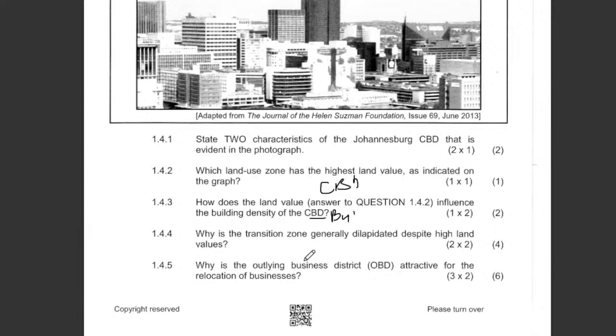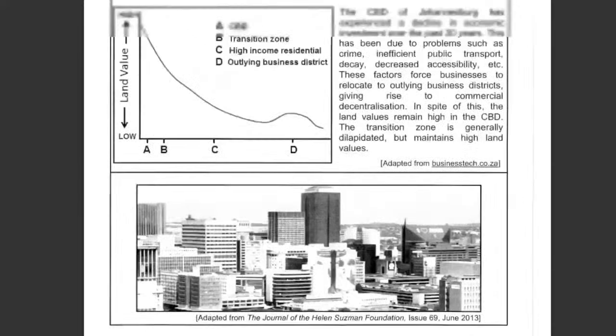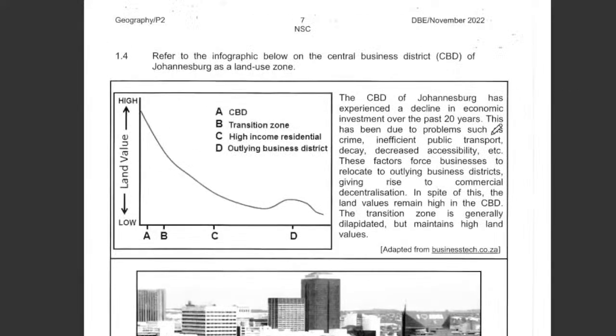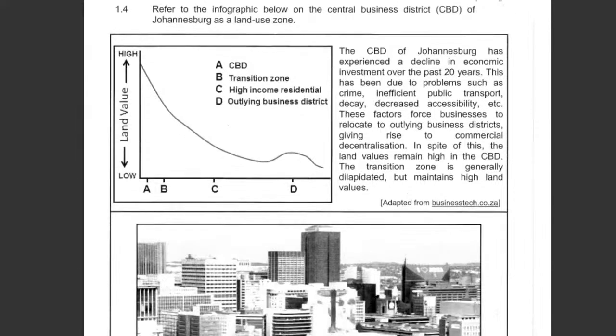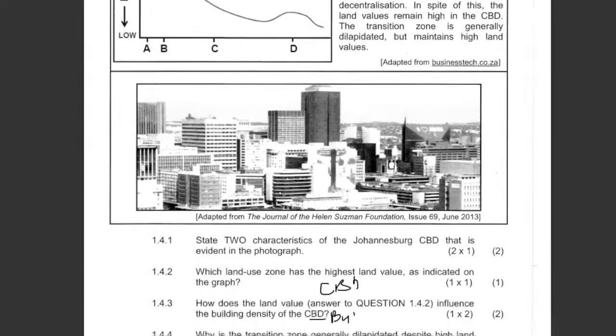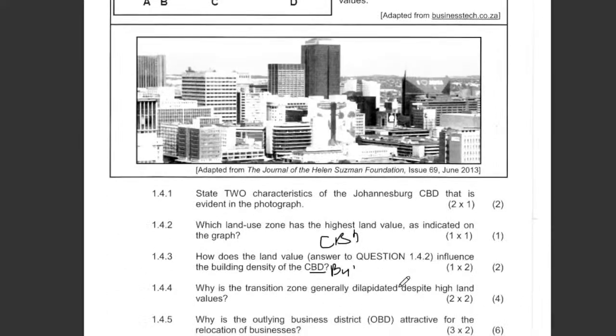We go to the next one. Why is the transition zone generally dilapidated despite the high land value? We look at exactly what is happening in the CBD. The CBD has got these problems of crime, public transport, and hard access, which gives a chance for people to extend to the transition zone, which results in its land value also increasing.